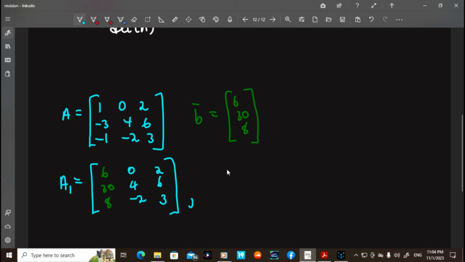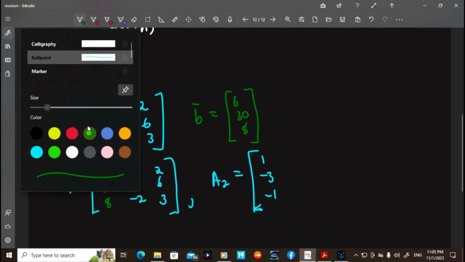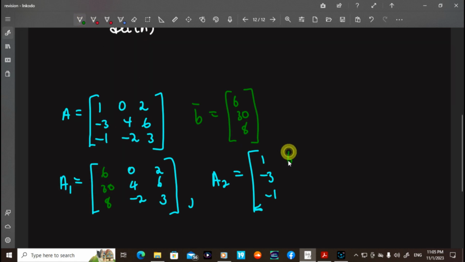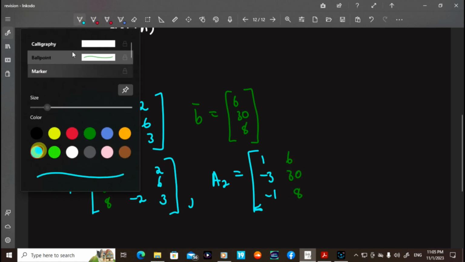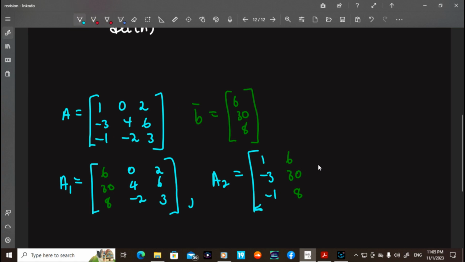Okay, and then A2. Because here we are going to replace column 2, I'm going to write the first column as it is. Now we will replace the second column with matrix B, so 6, 30 and 8. And then I have 2, 6 and 3.